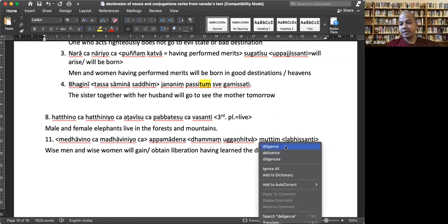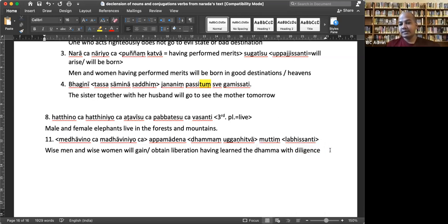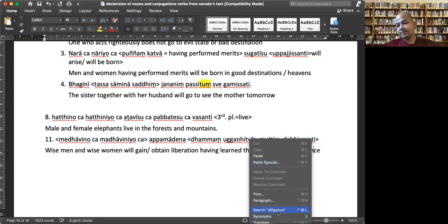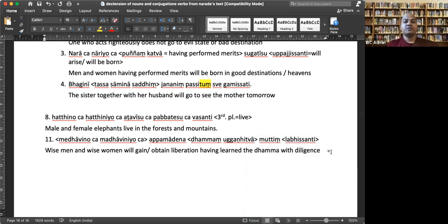Diligence can be one of the meanings. What is the meaning given in the book? Heedfulness, earnestness. With heedfulness or with earnestness.